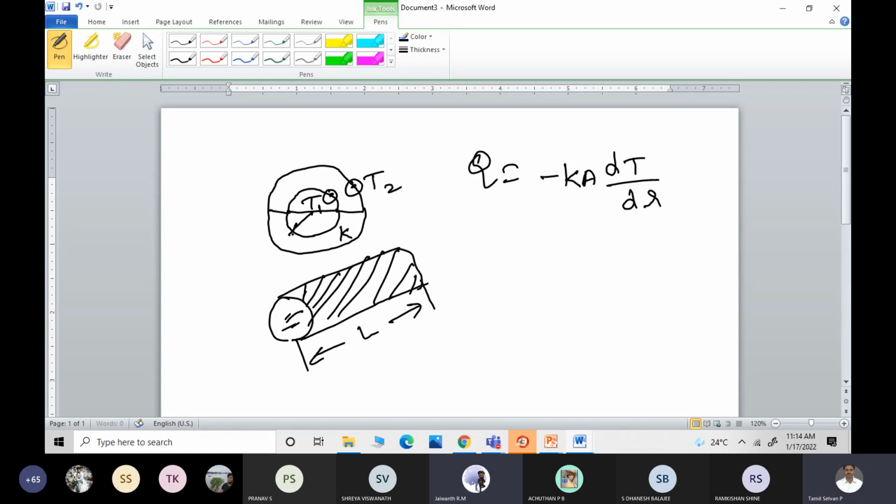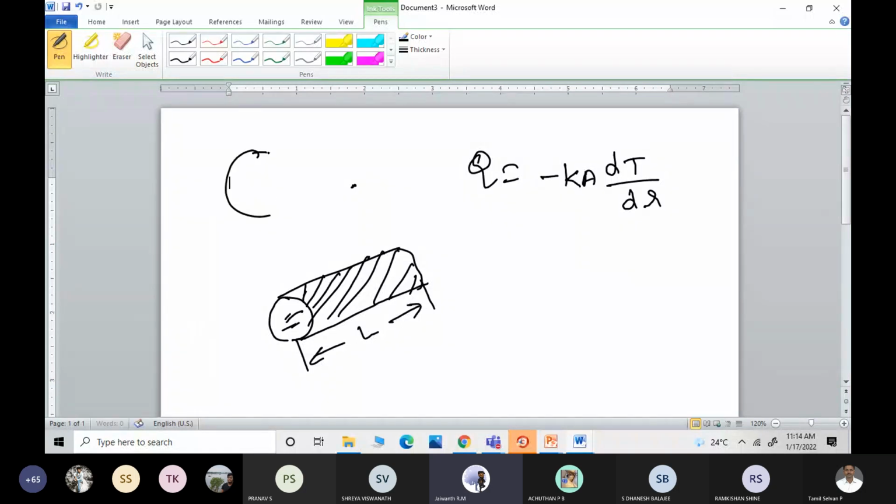So the inner radius is R1 and the outer radius is R2.